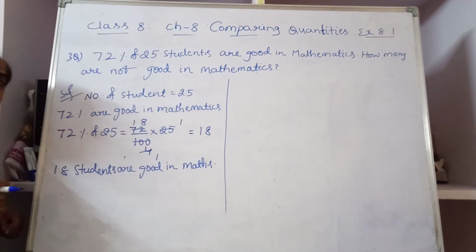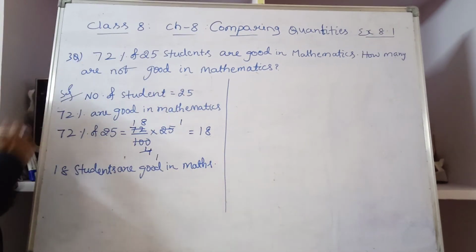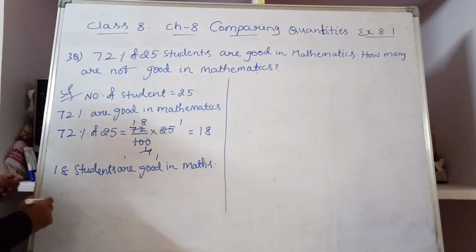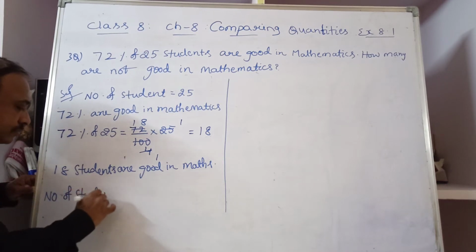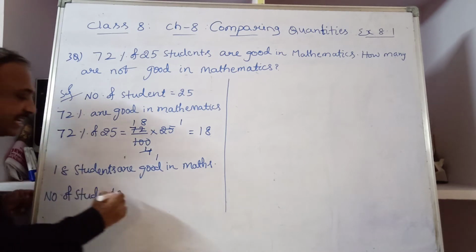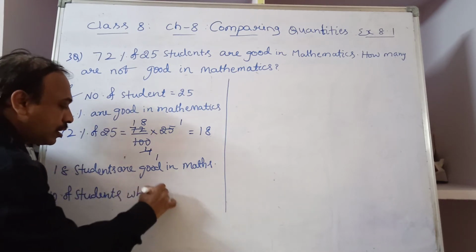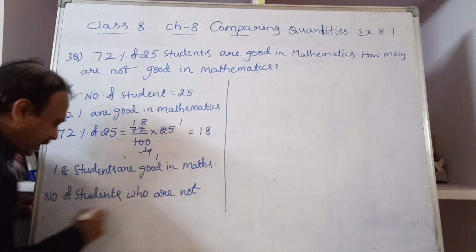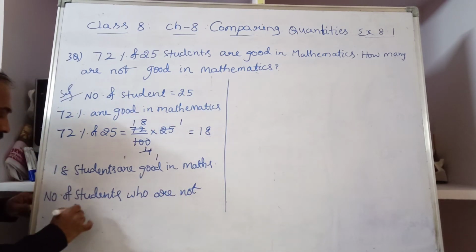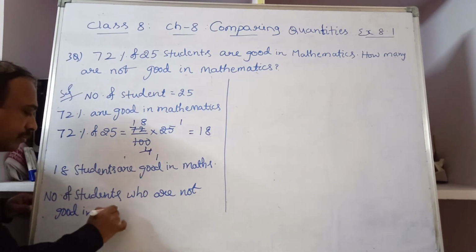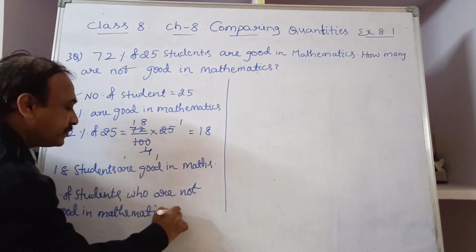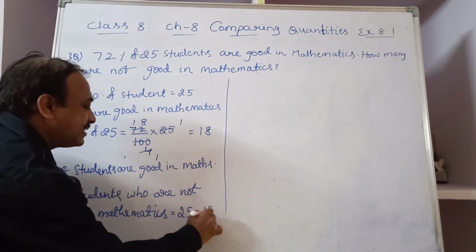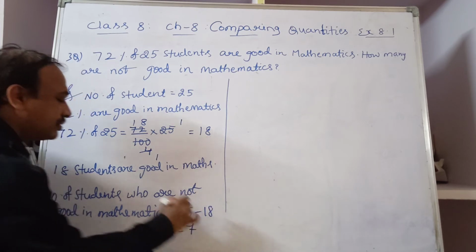Now how many are not good in mathematics? So total number of students are how many? 25. Number of students who are not good in mathematics is equal to 25 minus 18, which is equal to 7.